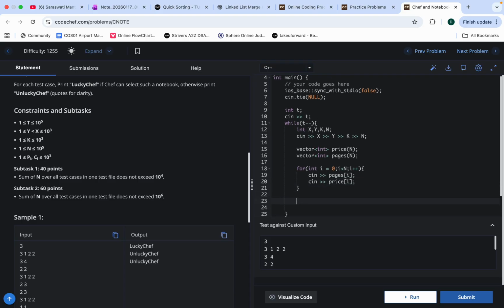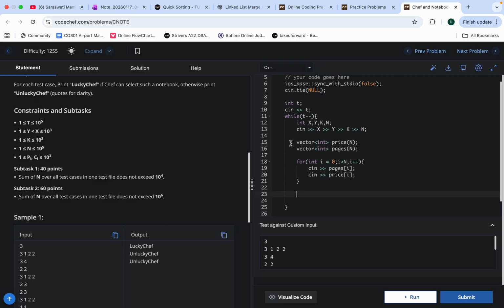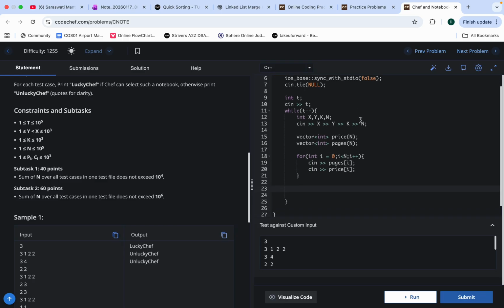Now what we want to do is check whether there is a possible way to do that. So I will make a bool for whether it is possible or not, whether chef is lucky or not, let's name it lucky.